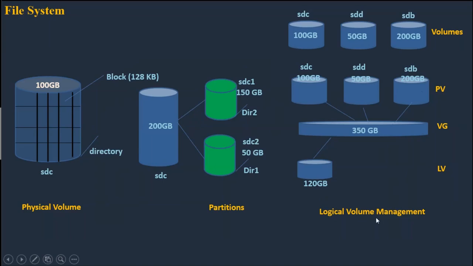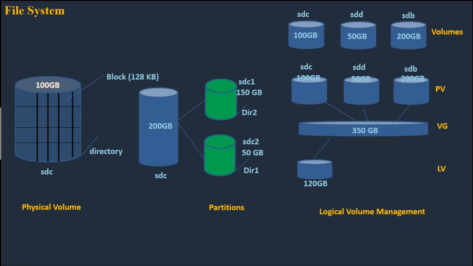It's up to the logical volume management software to provision the required 120 GB capacity from these volumes. It can come from one single volume, or it can come from multiple volumes, right? Because when you are creating a logical volume, you are telling it, hey, I need 120 GB of volume. Let the LVM take care of provisioning this 120 GB capacity from any of the different physical volumes that are available behind the scenes inside your volume group.